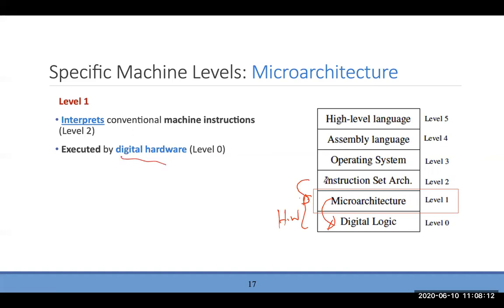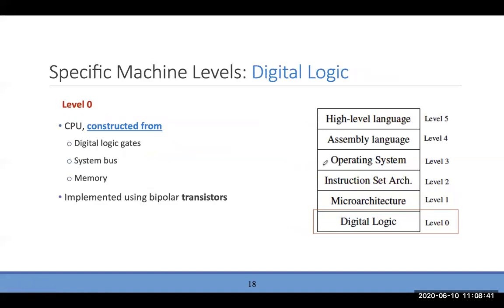If you want to go from level 2, you need to go to level 0. That's where you have the digital logic. That is really the mechanics and the real computational power. It actually happens in this part. It interprets the instructions written at the high level and maps them to the microarchitecture, which in turn maps those instructions into level 0.